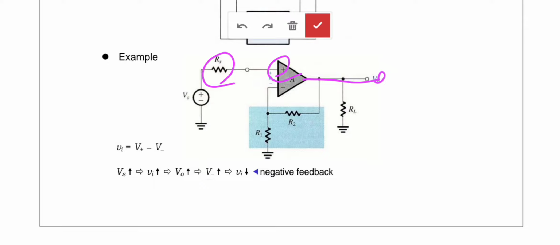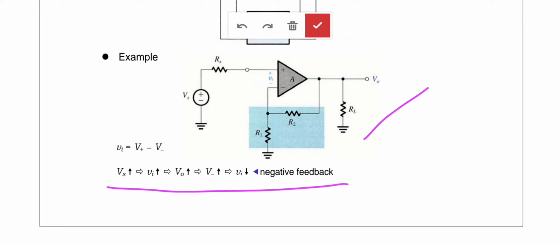Here output is taken, this is the load resistance. A feedback is given to the inverting terminal through a voltage divider network formed by R1 and R2. Just knowing this circuit is enough. This is a practical circuit which uses this particular topology. Here negative feedback is used. This is an example of a non-inverting amplifier.